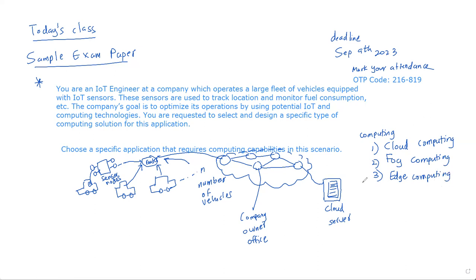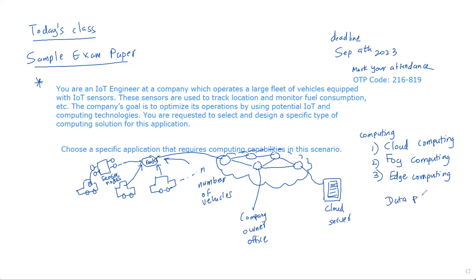It means near to the car. In fog computing, it's done in the middle position. In cloud computing, all the data has to be transferred to the cloud from the end device. Then processing is done at the cloud. Yeah, so that's a correct answer.